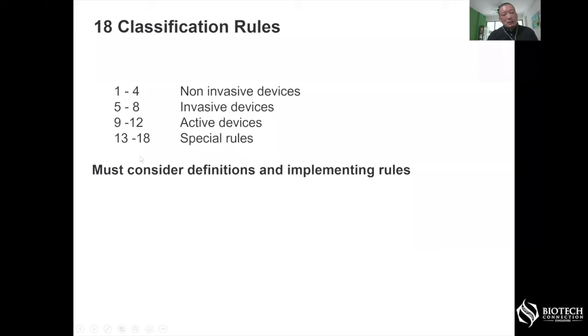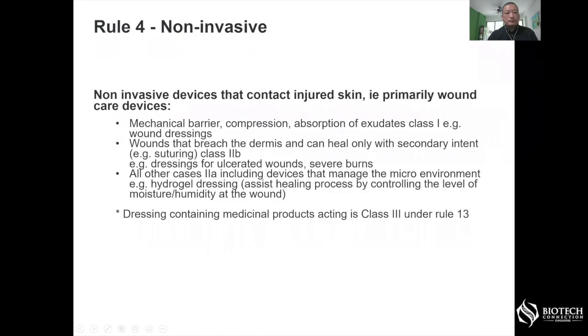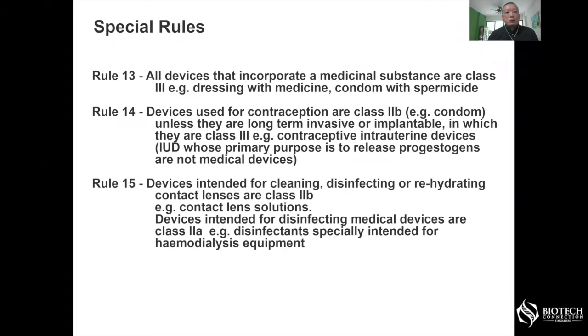Our experience is normally to start with the special rules first. The special rules are very special and unique. If you have a product, your product will be Class 3 if you have a medicine inside, like a condom with spermicide or dressing with medicine.